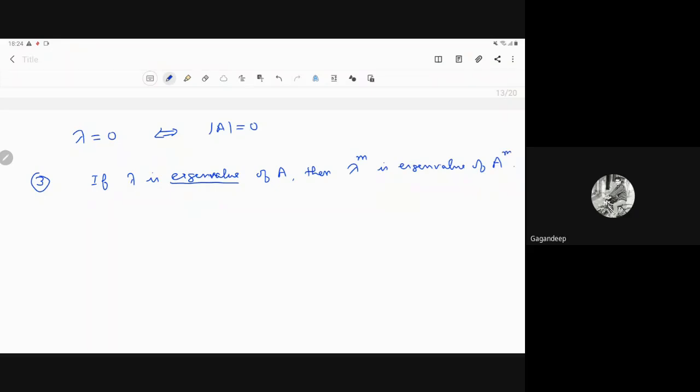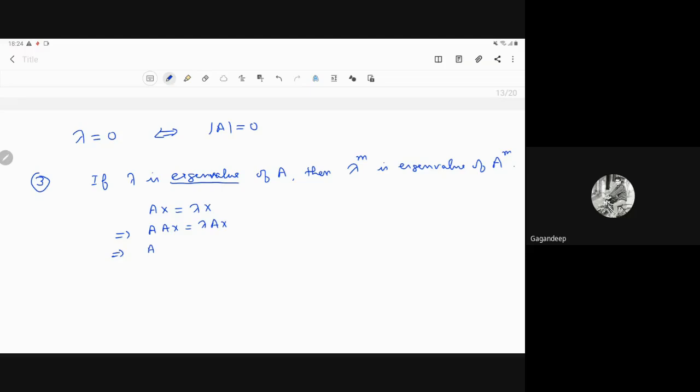Let's see. Lambda is an eigenvalue of A. That means Ax equal to lambda x, correct? By definition. Lambda is an eigenvalue of A, so Ax equals lambda x for some non-zero x. If I multiply both sides by A, what happens? Lambda is a number, x is a vector, so you can write lambda times Ax.